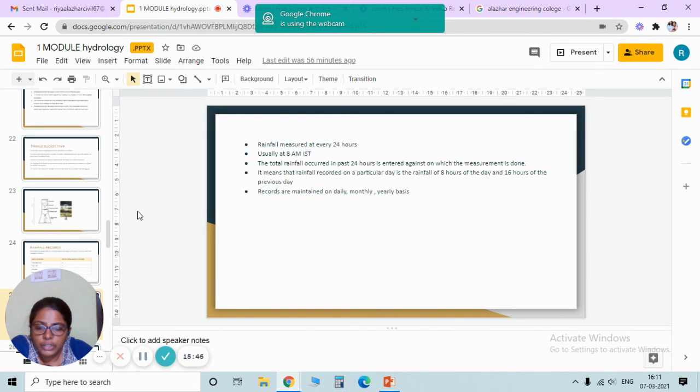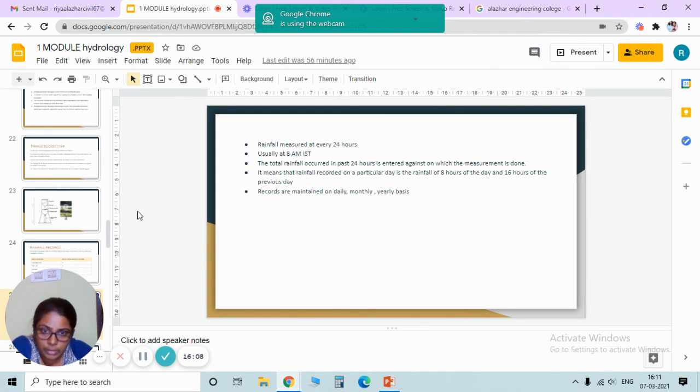Rainfall is measured at every 24 hour interval, sharply around 8 to 8:30 a.m. Indian Standard Time, and the total rainfall occurred in the past 24 hours means 8 hours of the same day and 16 hours of the previous day, and the record can be maintained on a daily, monthly or yearly basis.